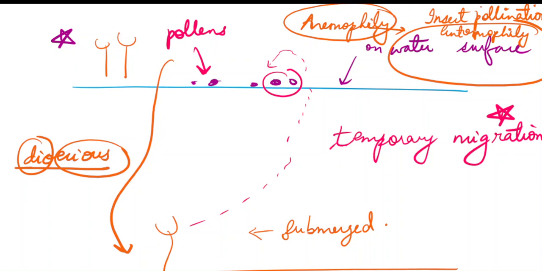So for aquatic plants, if they are present on the surface, some flowers undergo entomophily and some undergo anemophily.